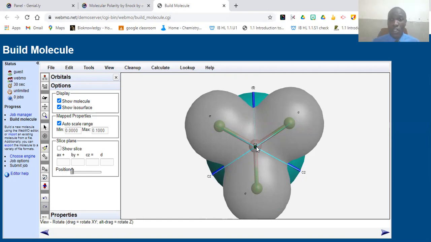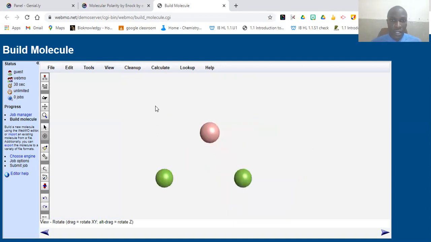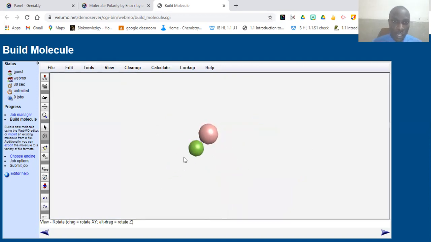Okay, let me just briefly show you boron and fluorine, when it is one boron atom and one fluorine atom, and then we see whether there is an overall net charge distribution or not. Let me remain with one. Let me just build it again.